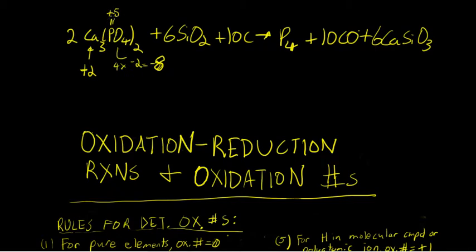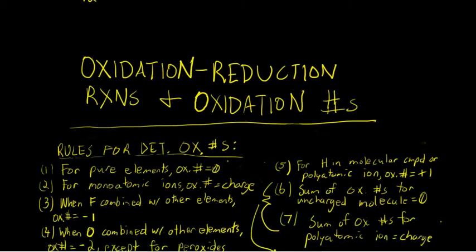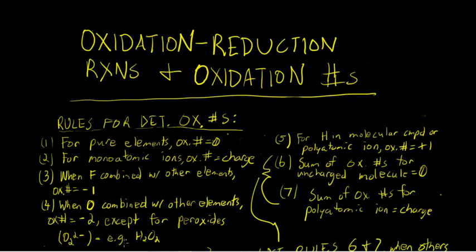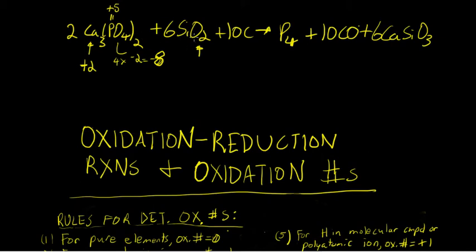So we figured out the oxidation state of this phosphorus atom here. Now let's look at this silicon dioxide. So we know oxygen, except in the case of peroxides, has an oxidation number of -2. And we have 2 of them, so 2 times -2 equals -4. So this silicon must have an oxidation number of +4.